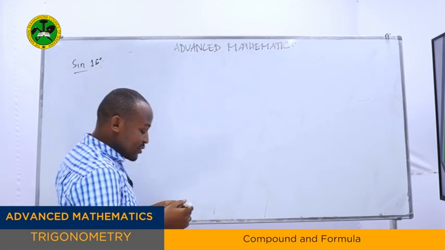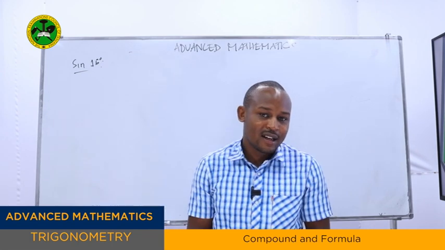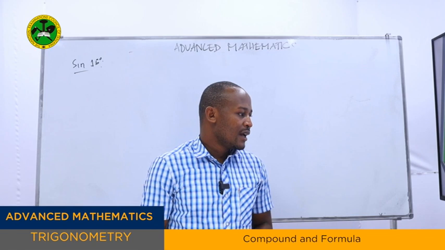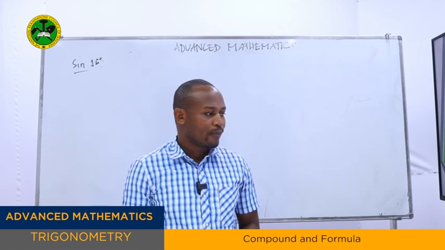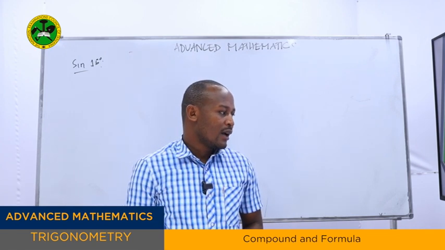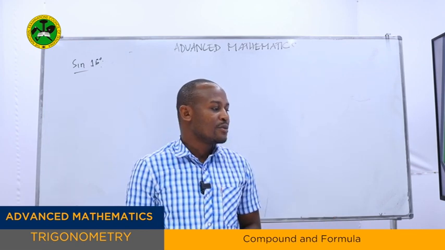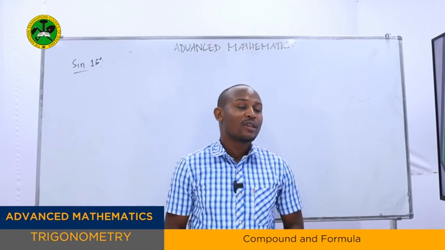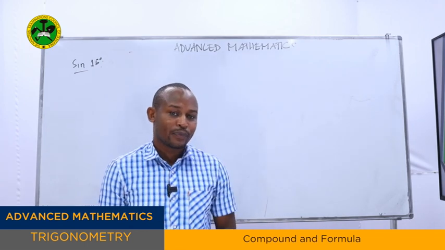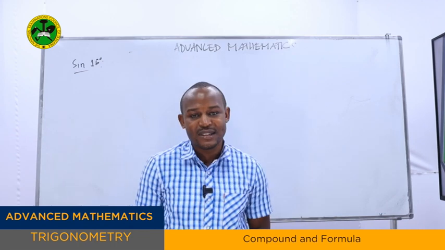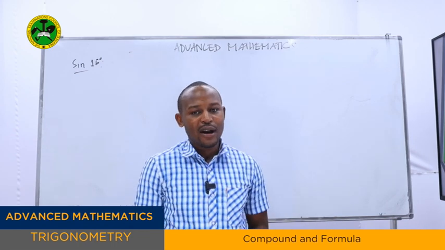We are told to find the value of that. Now, sine 15 is not a special angle. In some other questions, you will be told to find the value of sine 15 without the use of a calculator, or to leave your answer in surd form. So how can you do that?